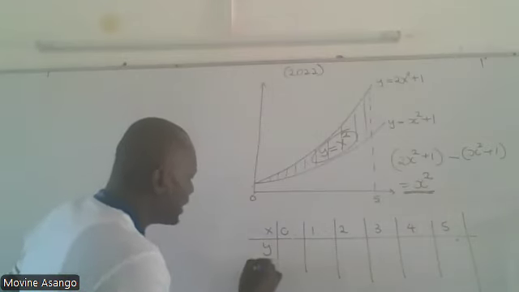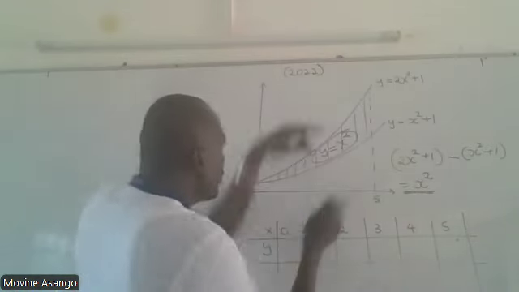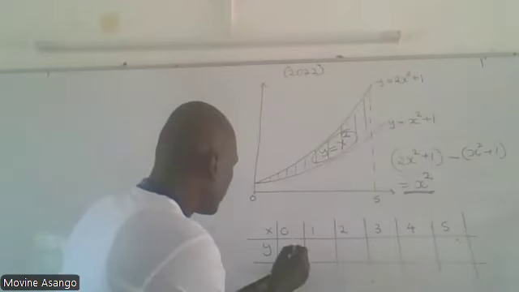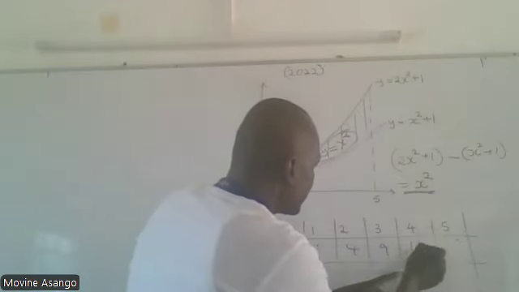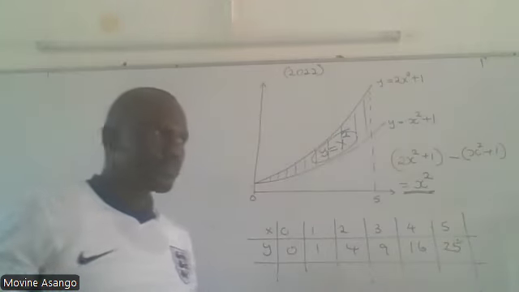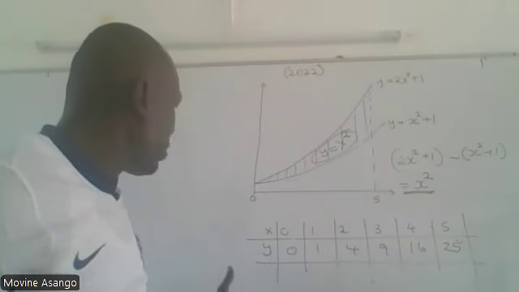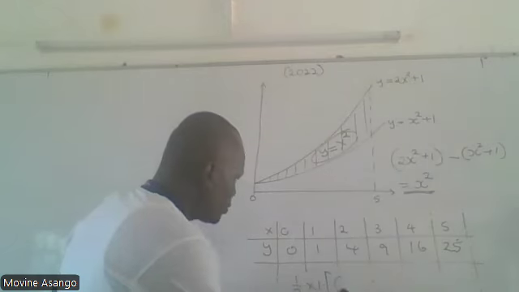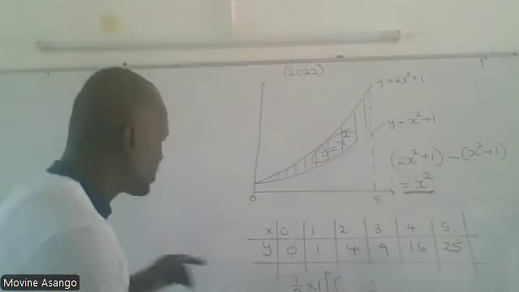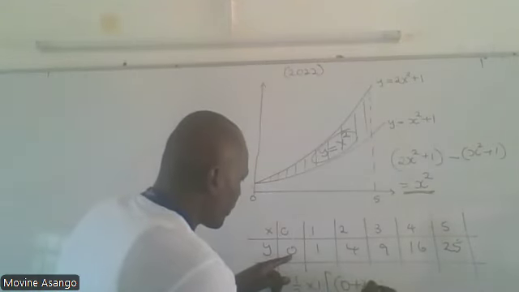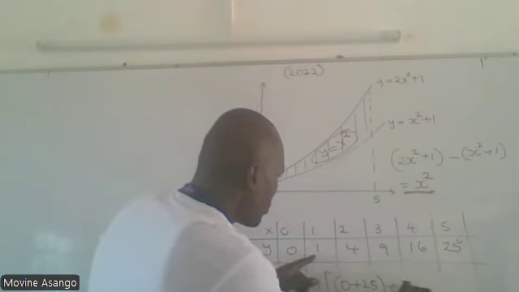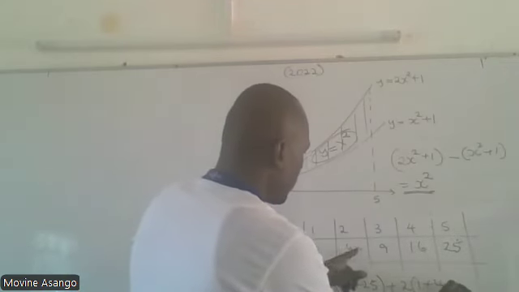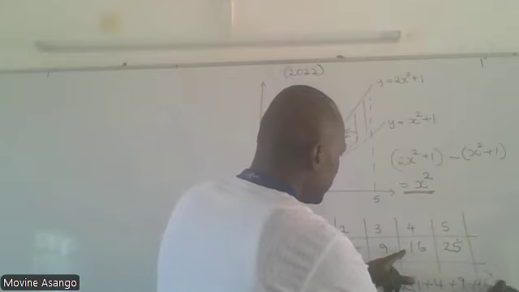Now, our y will be the new y, which is defining the region, x squared. So I'm expecting 0, 1, 4, 9, 16, and 25. Then the area now becomes a half times height into the sum of the ends, which is 0 and 25, plus twice the sum of the remaining ordinates, which is 1 and 4 and 9 and 16, close.